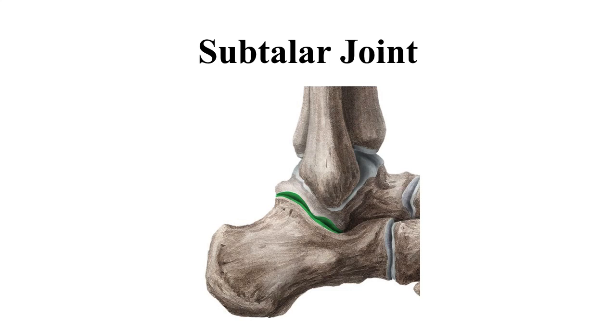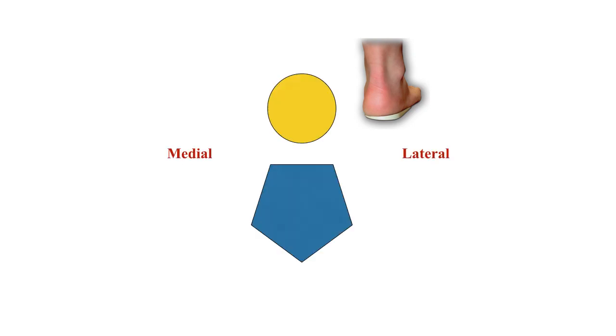Subtalar, as the name indicates, is below the talus, between the talus and the calcaneus. Now looking at this picture, which is the posterior view of the heel of a patient, this is what we see. The bone above is called the talus and the bone below is called the calcaneum.